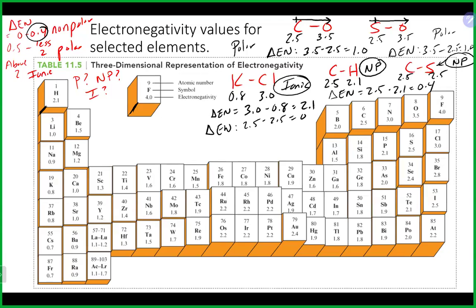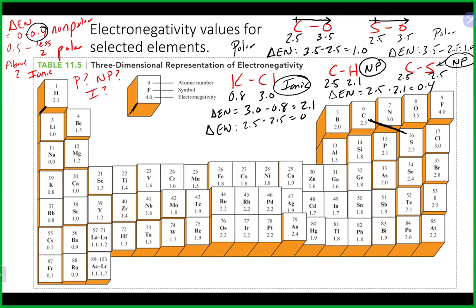So this brings up a really good point that you definitely can have two different elements that actually share the same electronegativity value and will create a nonpolar covalent bond. You definitely will have a nonpolar covalent bond when you have two of the same elements coming together. Why does that happen? It is what is sometimes referred to as the diagonal rule on the periodic table. If you look at the location of carbon and sulfur, they are diagonal of each other, not perfectly right underneath each other, but kind of down and over to the right.